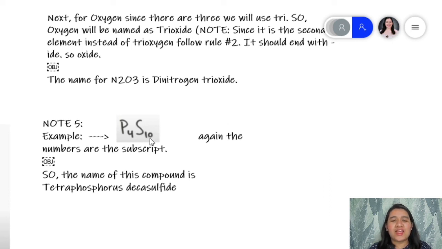Since it has a subscript of 10, we will use deca. So instead of decaoxide, we will use decasulfide. Since this is sulfur, decasulfide. Again, we will use IDE because this is a covalent bond, so the second element will use the suffix IDE.